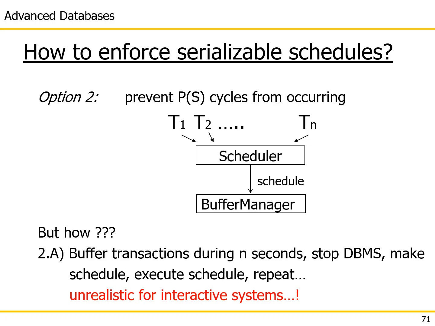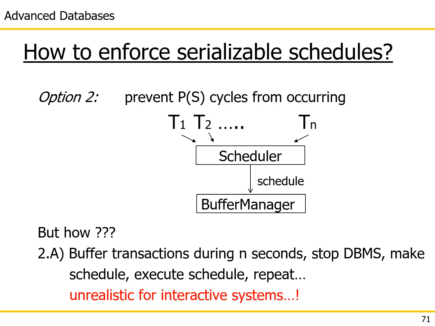you create a serial schedule and swap the non-conflicting steps, and anything that arrives in the next 100 milliseconds will be buffered until you finish running the current ones. And then you open the window again and you wait for 100 milliseconds, buffering all the transactions that have been arriving. You close the window, now let's process these guys, and anyone that comes while these transactions are running, again, you just make them wait.